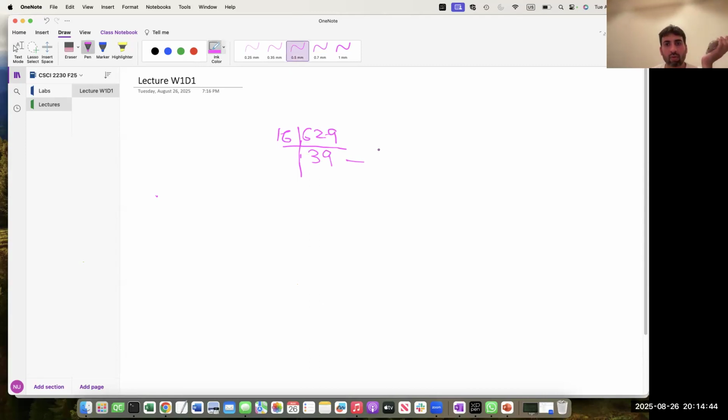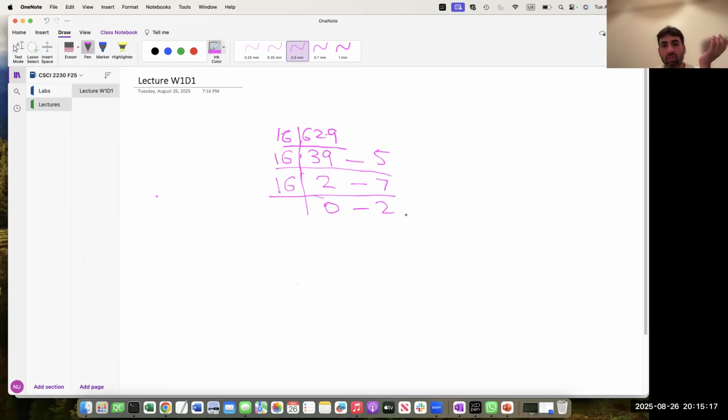which is 5, right? And then I divide again the quotient 39 by 16, so I get 2 times 16 is 32, and the remainder is 7, right? And now if I divide the quotient again by 16, I get 0 as quotient and 2 as remainder.